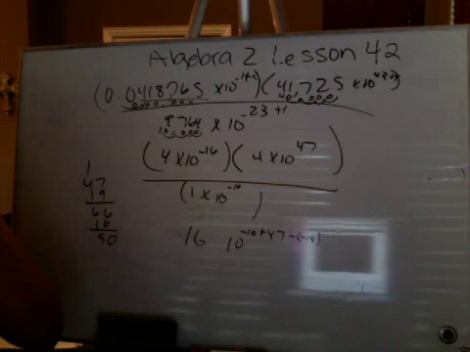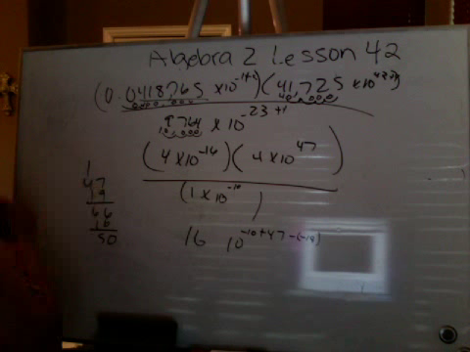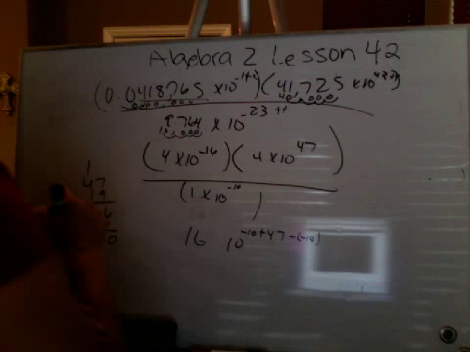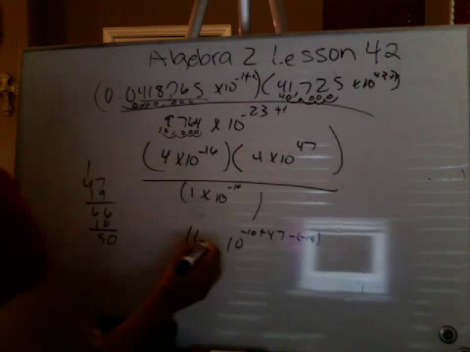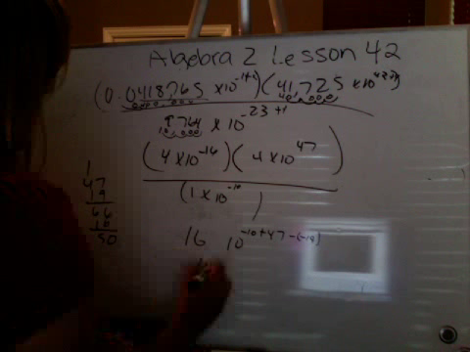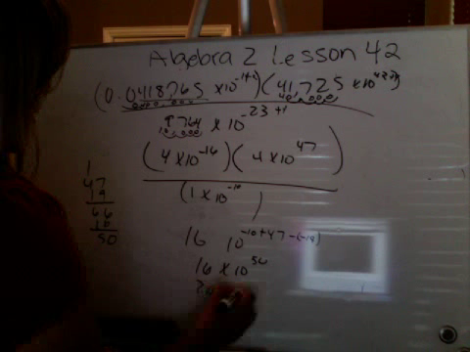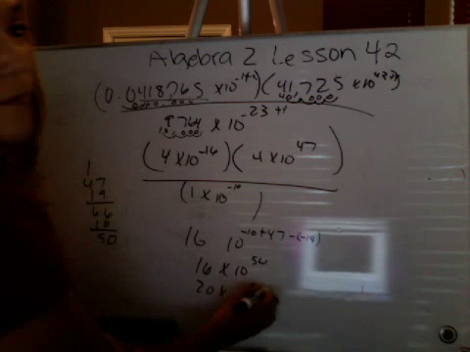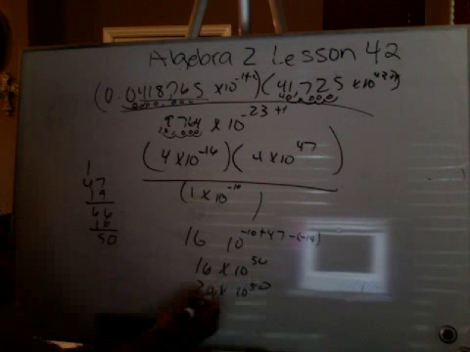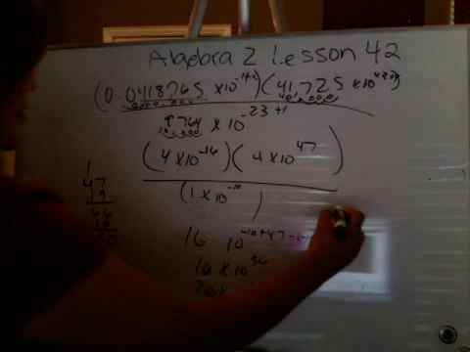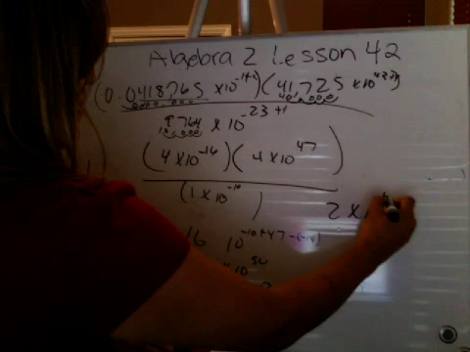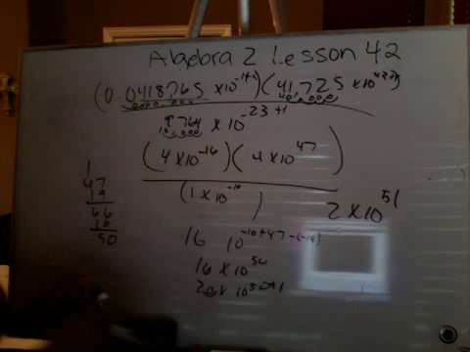Negative 16, 47, 19. But we get 16, we round this to 20. That's right. So you have 16 times 10 to the 50th power. We're going to round this to 20. Do you see that? And then we're going to put that in scientific notation. So you get 2 times 10 to the 51st power because you add 1. And that's it.